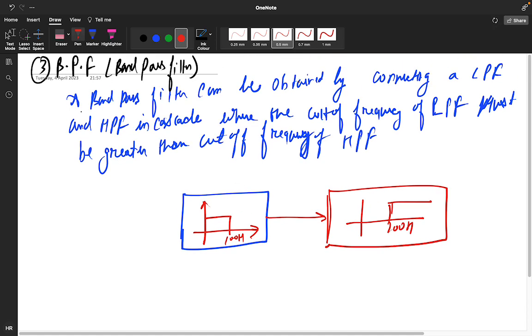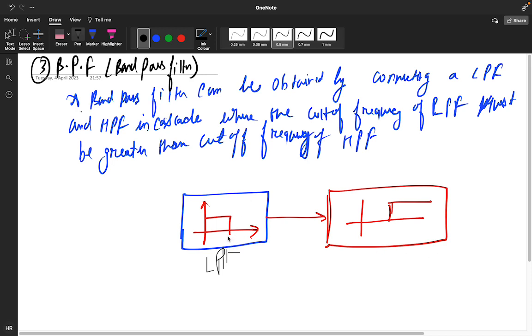A band pass filter can be obtained by connecting a low pass filter and high pass filter in cascade, where the cutoff frequency of low pass filter... oh sorry, if you do this thing, it will become a band reject filter. I am really sorry. So suppose this is my low pass filter, and this is my high pass filter.